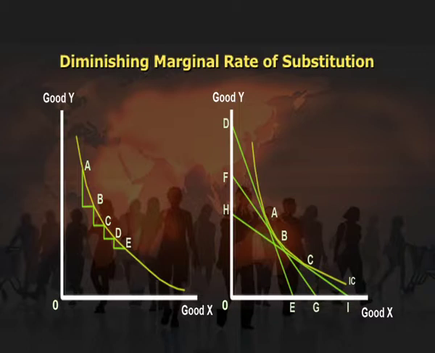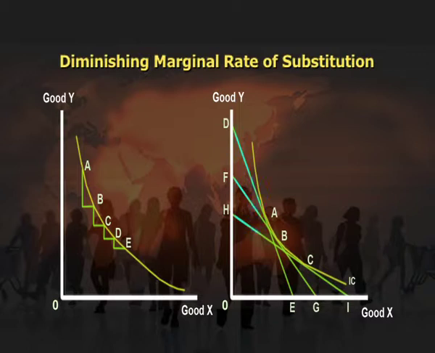The diminishing MRSXY can also be measured by drawing tangents at different points on the indifference curve. The MRSXY at a point on the IC is equal to the slope of the IC at that point, which can be measured by the tangent of the angle which the tangent line makes with the x-axis.